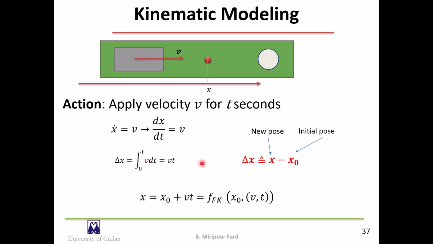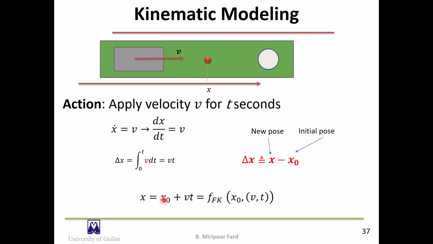Note that in the case that v is constant, the displacement will be v times t, and the displacement delta x is equal by definition to the new pose minus initial pose.